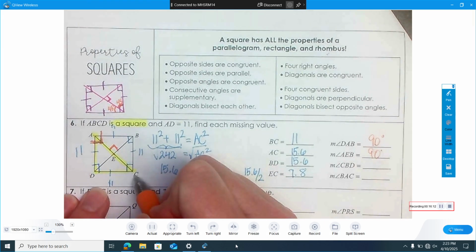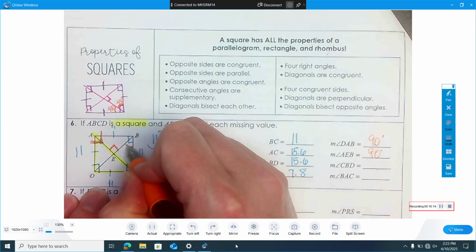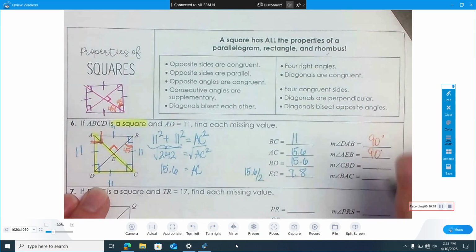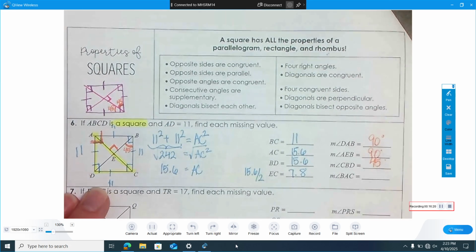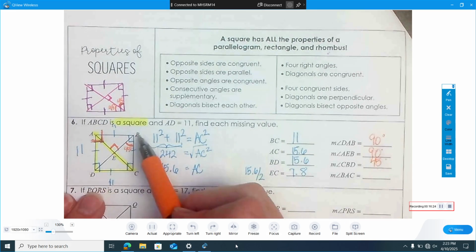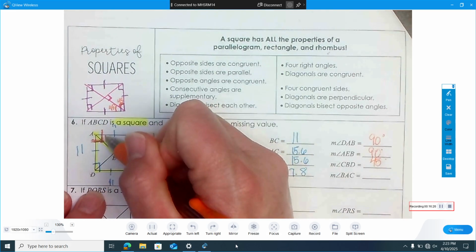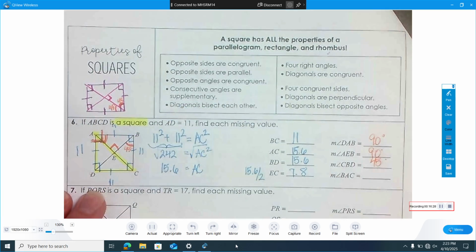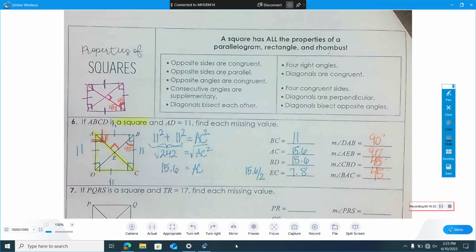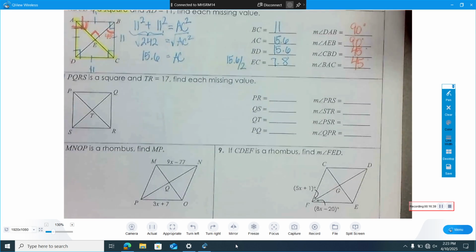CBD. That's this guy right here. 45. That's right. Very good. And BAC. BAC is just this guy here. What's he? Also 45. Okay, great. Any questions now? Is this easy or hard? Pretty easy, yeah? Okay. Let's look at number 9.